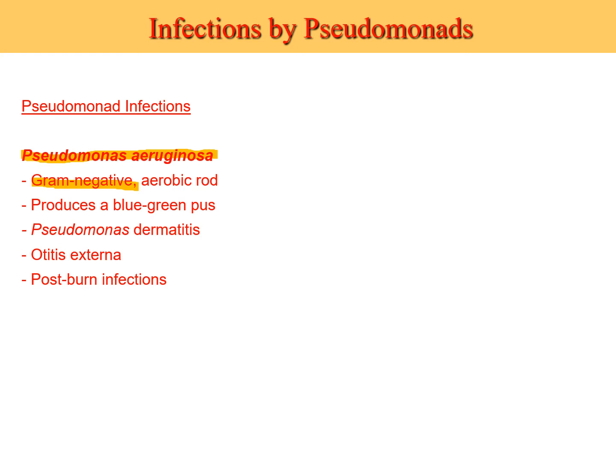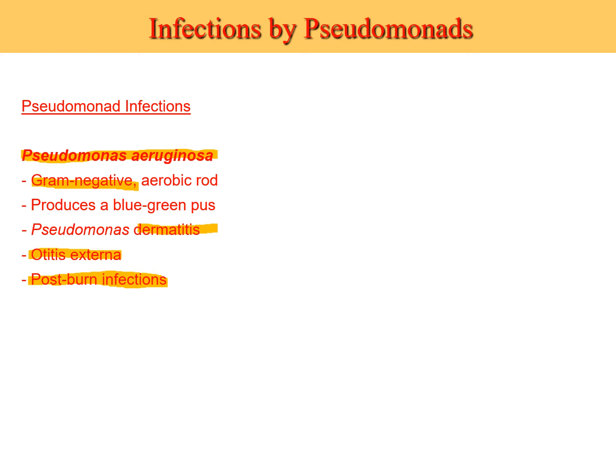It often doesn't cause any problem, but it can sometimes cause infectious disease. It can cause a dermatitis. It can also cause an infection in the outer ear, and is often associated with infections in burn patients, people who have burns in the skin. So you can get a post-burn infection with Pseudomonas.